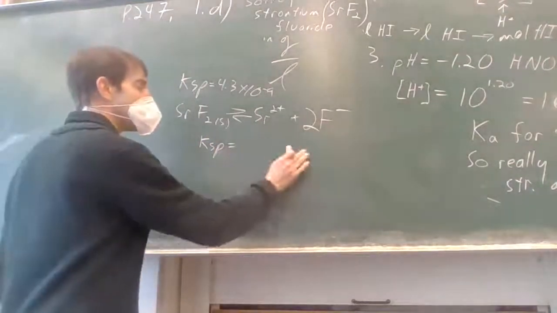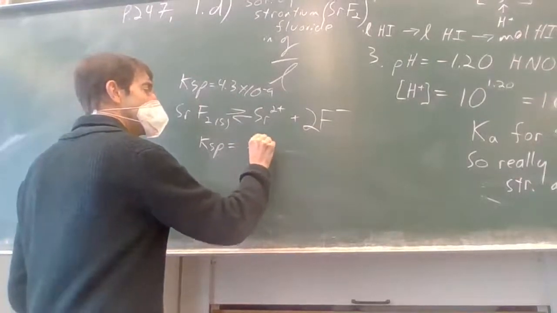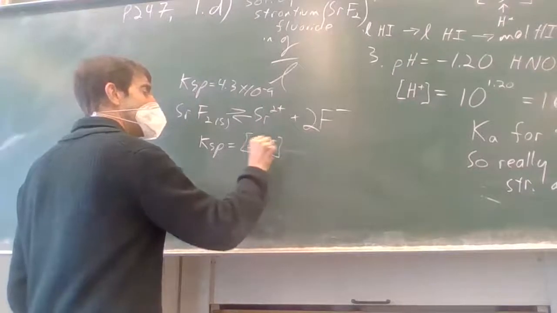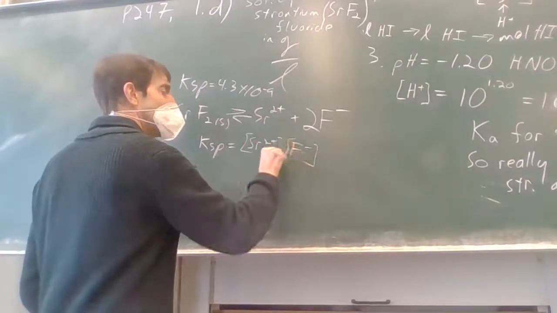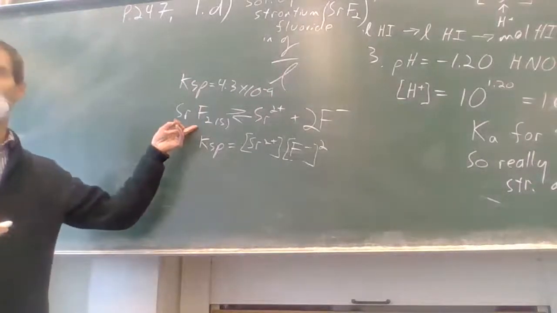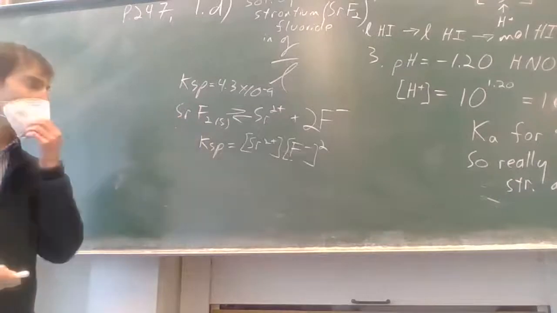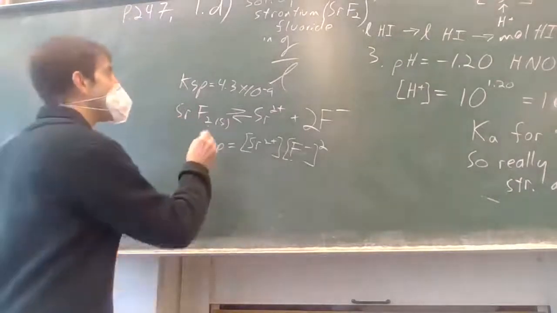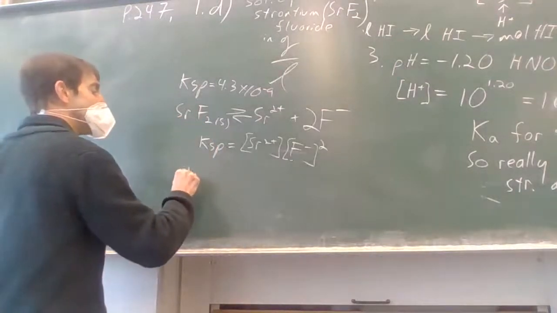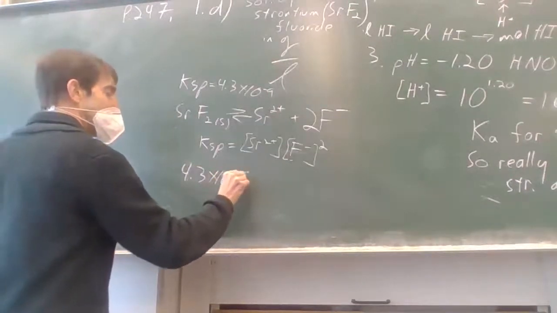The expression. Chelsea? I think the concentration of Sr2 plus and the concentration of F minus squared. Good. Somebody else. Why did Chelsea leave out the reactant? What's wrong with the poor reactant? Alex? Thank you. So we leave those out. Now, let's have a look. We got the Ksp. That's 4.3 times 10 negative 9.